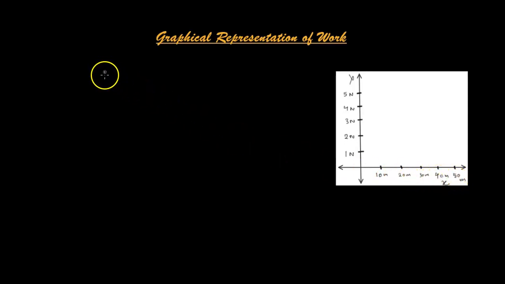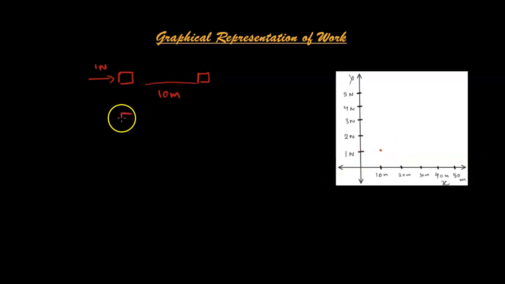So suppose there's a box. We can take a box, and when 1 Newton force is applied on the box, then it is moving to a displacement of 10 meter. So you can see when 1 Newton force is applied, then 10 meter it is producing. So it will come somewhere over here.